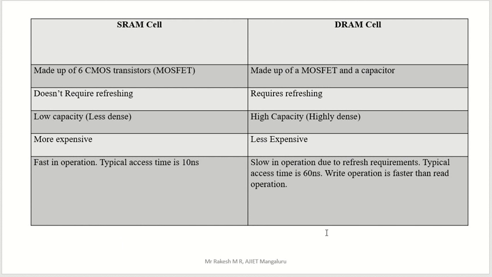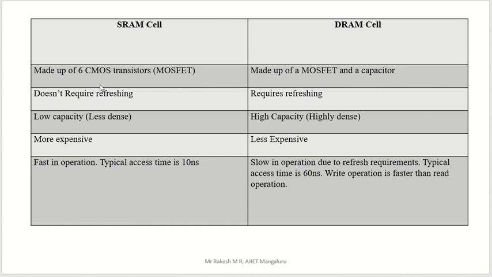Next, the difference between SRAM and DRAM. This is another important topic. SRAM is made up of 6 CMOS transistors, while DRAM is made up of MOSFETs and capacitors. SRAM is made up of flip-flops, while DRAM is made up of capacitors.